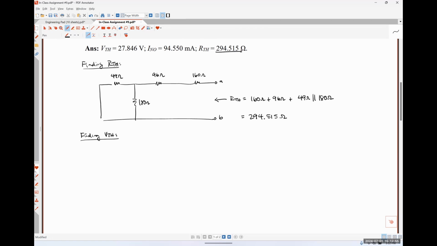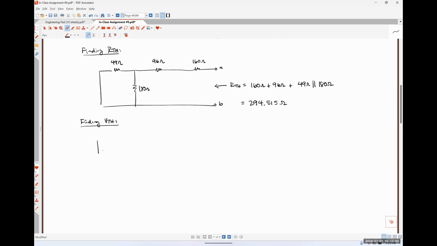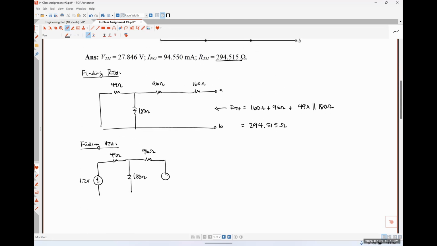So now we need to be looking at our live network. So my 1.2 volt source should be on. 0.2 amps direction up.